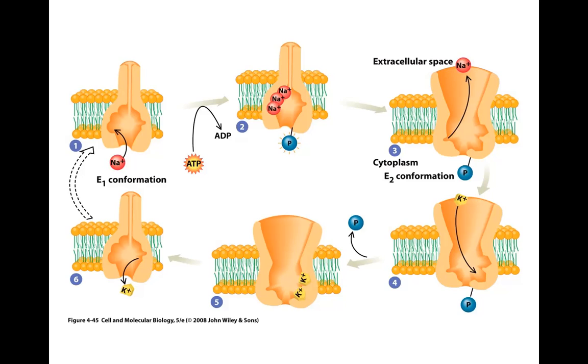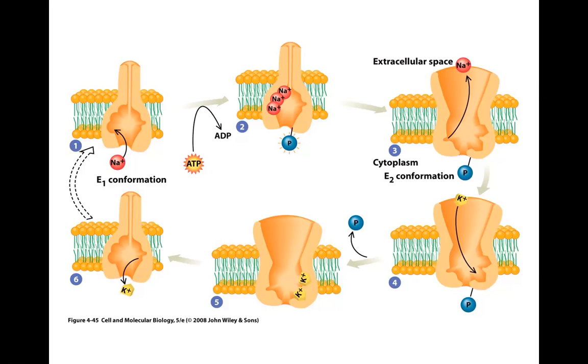Okay, so 3 sodiums leaving the cell, 2 potassiums entering the cell. In both cases, we are moving against a concentration gradient. Remember, we have more sodium outside the cell, more potassium inside the cell. So either movement, sodium out or potassium in, is against a concentration gradient, which is why we require energy.